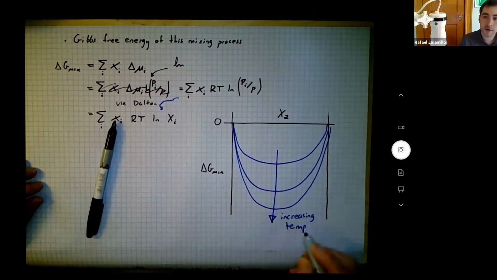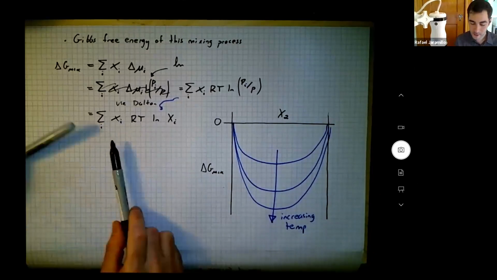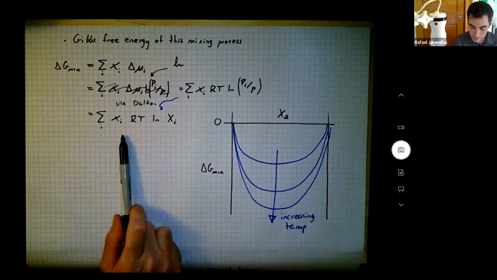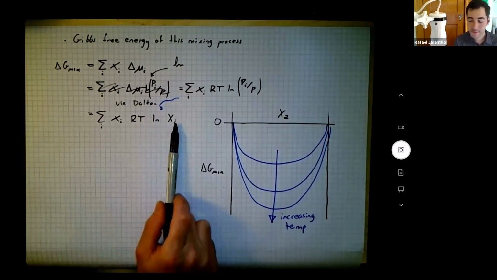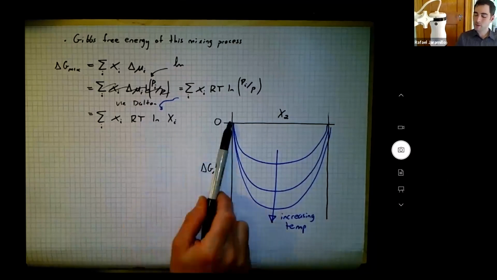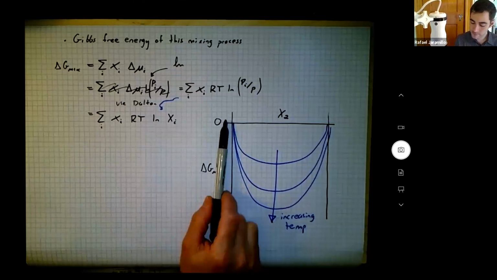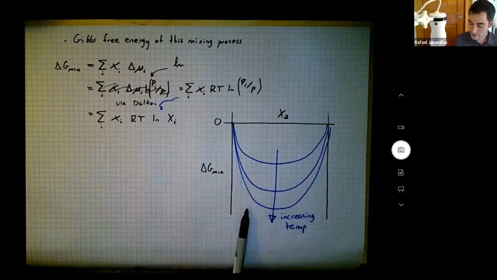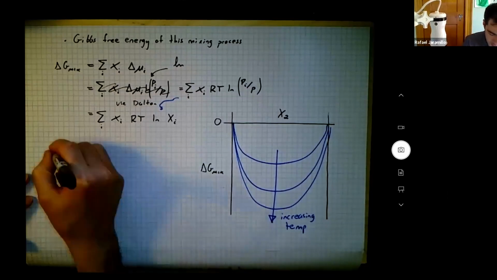The first thing to observe is that there are very few parameters in this model. There's the composition, x_i, and there's temperature, and that's it. So if I plotted this solution model versus composition, I'm going to have a family of curves in varying temperature. With increasing temperature, delta G mix gets more negative. So we're going to note that.